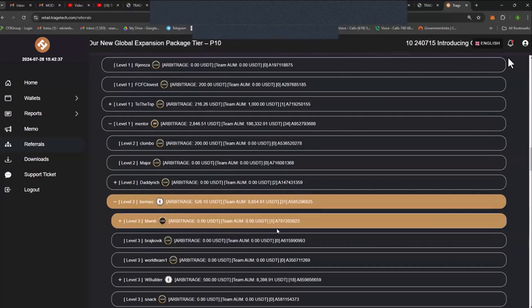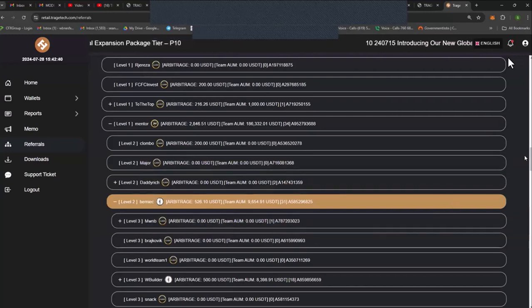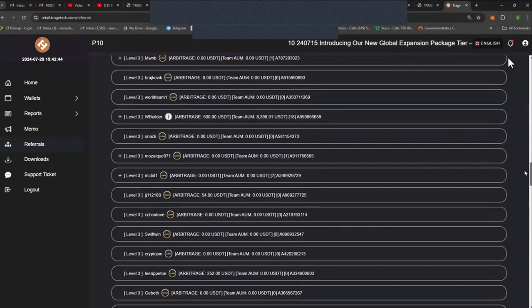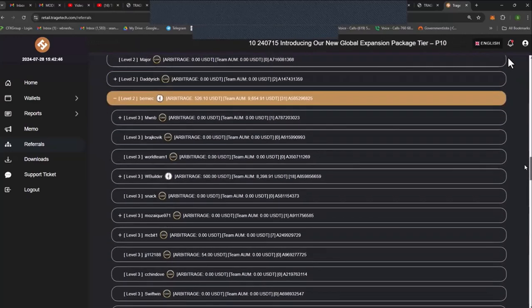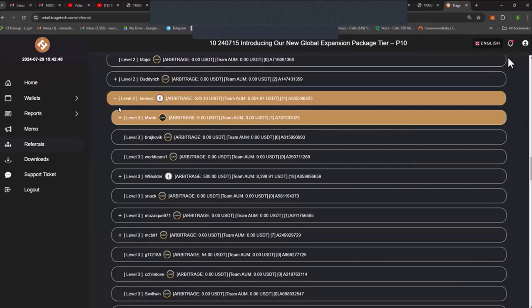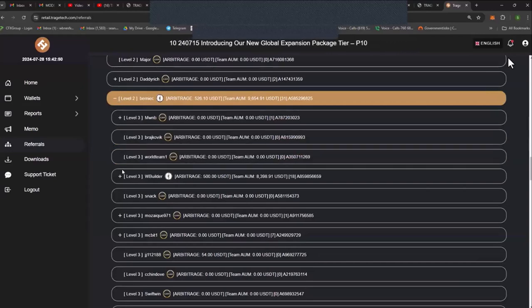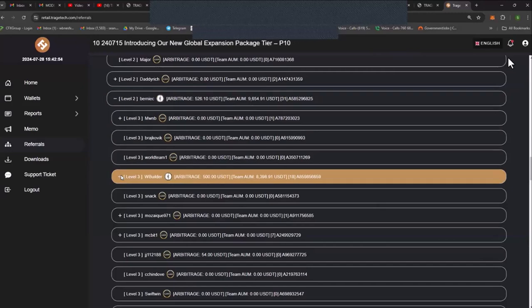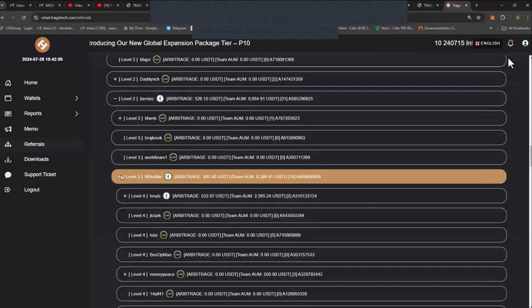I'm not done yet. Let's go for one more, and then I'll leave from here. This guy here, level 3, has 18 people on my fourth level. That's 18.